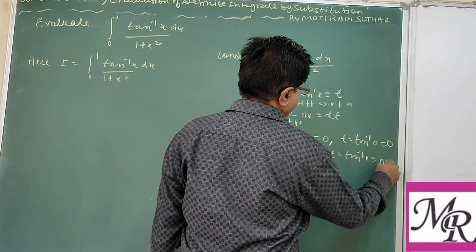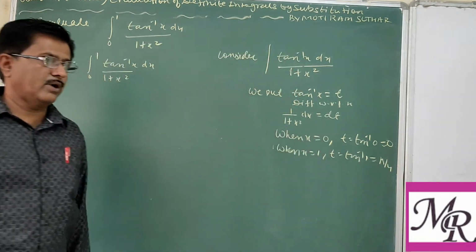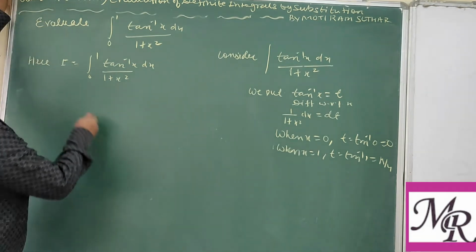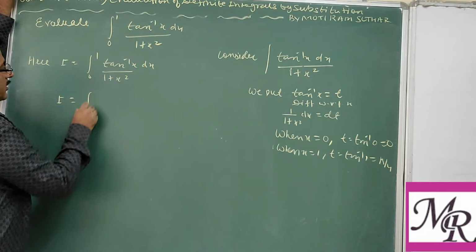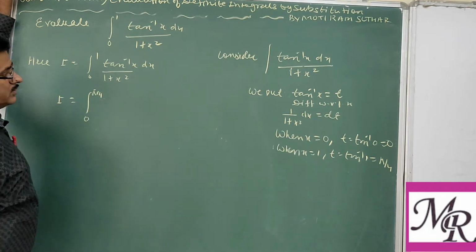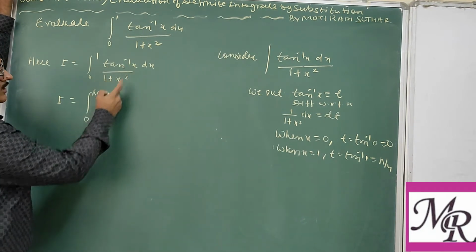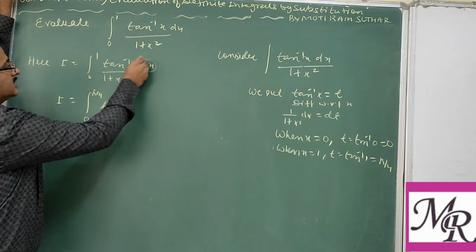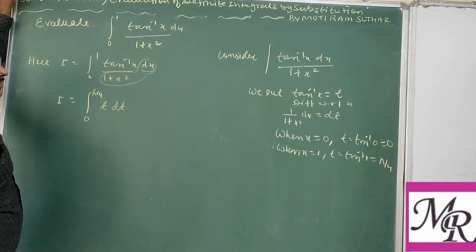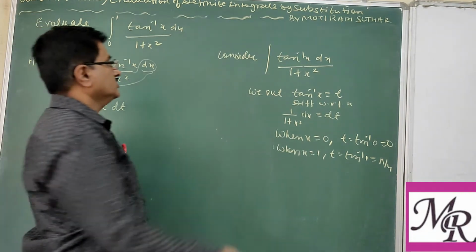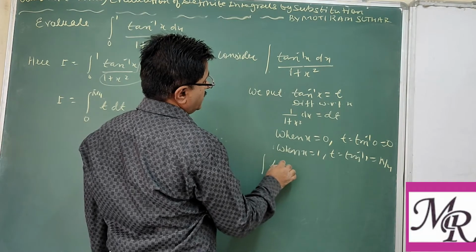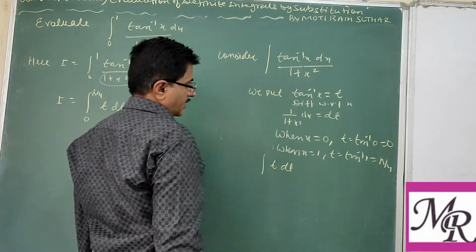And we know that tan inverse 1 is pi by 4. So now the new integral will be from 0 to pi by 4. Now tan inverse x is t and dx upon 1 plus x square is dt. Clear? So this integral is now converted into the integral of t dt.